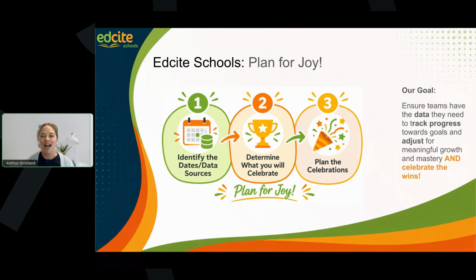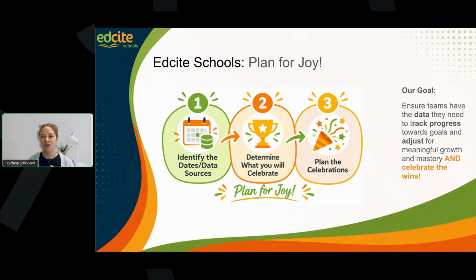And today we're adding in this really important piece that we know at Edcite we can't forget, and that's to celebrate the wins. If we're only looking at data for the gaps, if we're only looking at the data for the low points, we're going to run out of steam. We're going to run out of happiness and joy at work, and so is everybody else, from the teachers to the students.